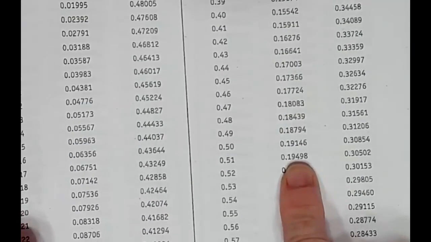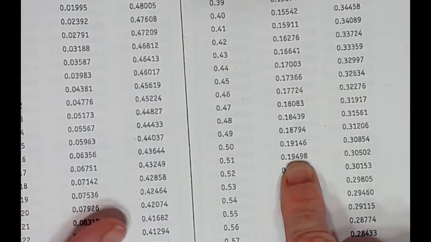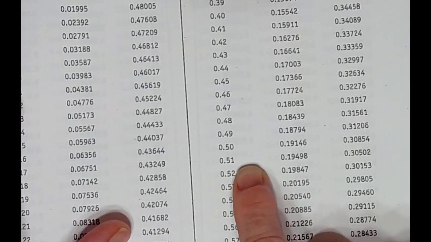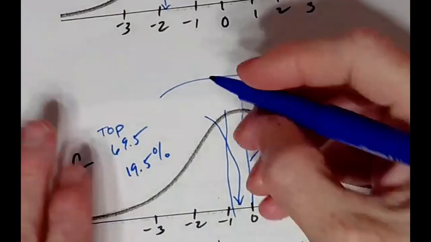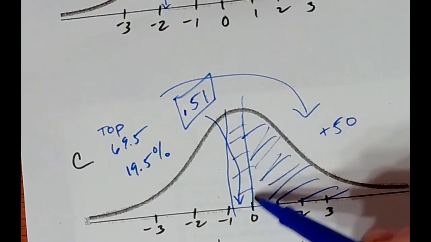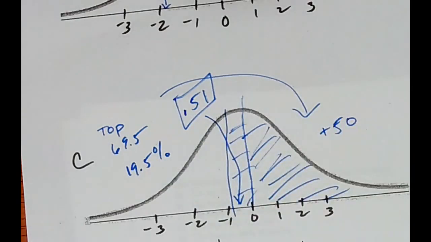All right, so 19.5% is right there. That gives me a z-score of 0.51. Okay, so 0.51 is the cutoff to say that you were in the top 69.5%.